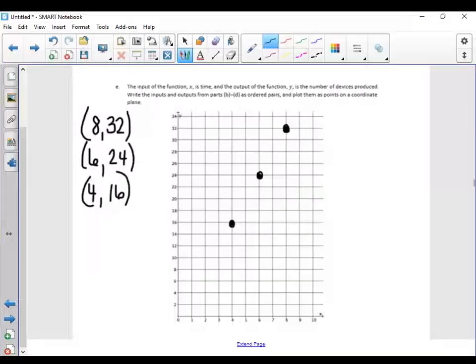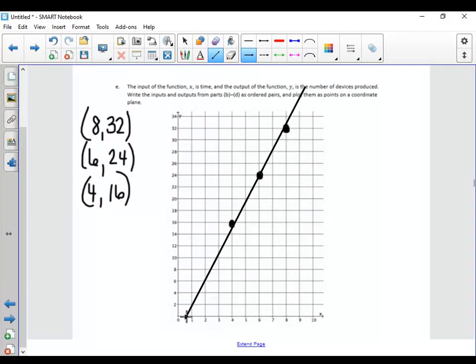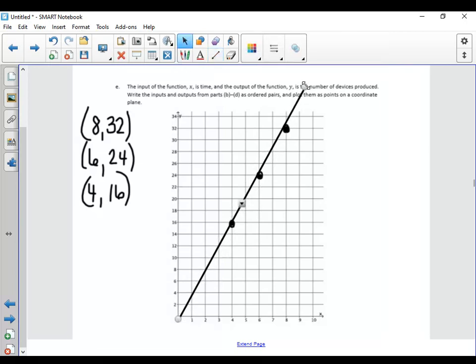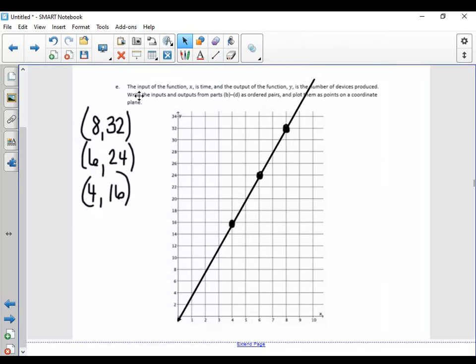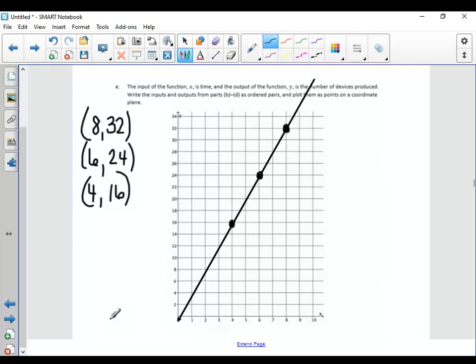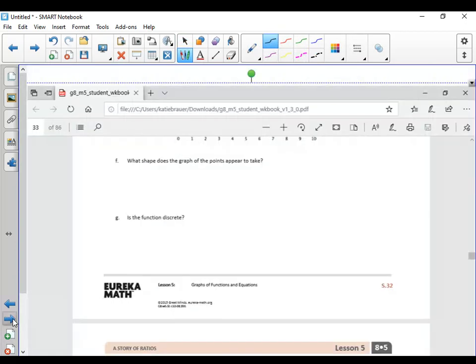I'm going to connect my points with a line to see what happens. There we go. So I connected it, and now we're going to answer some questions.